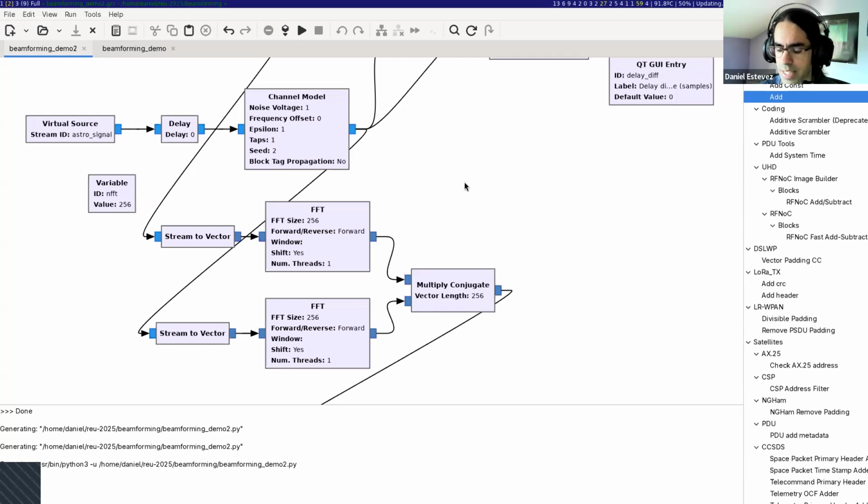Said another way, by doing this multiplication, and the complex conjugate is not so important here, we achieve something that when there is a common signal in the two receivers will give us a positive result. And when there are no common signals, it will give something very small, because the average is supposed to be 0.